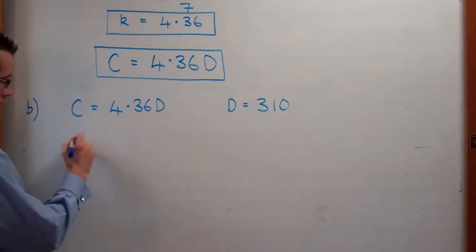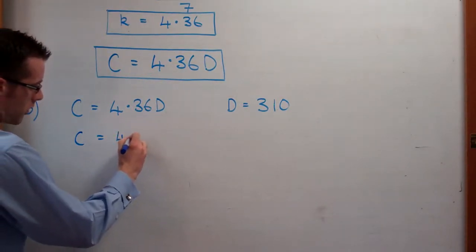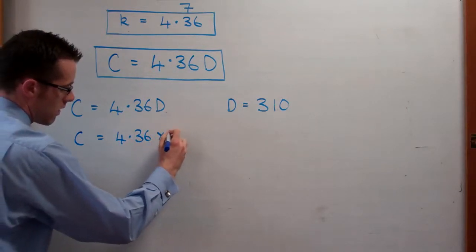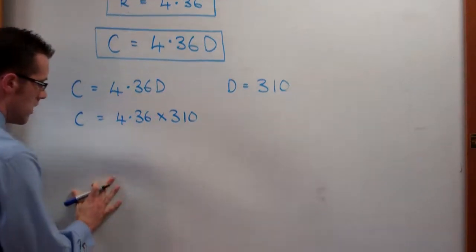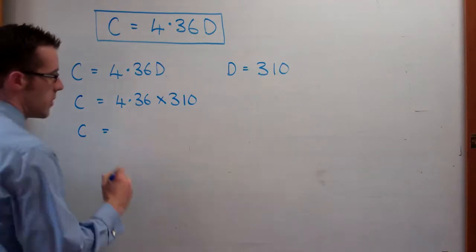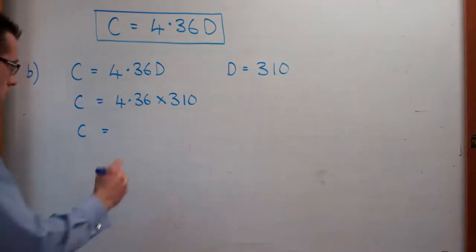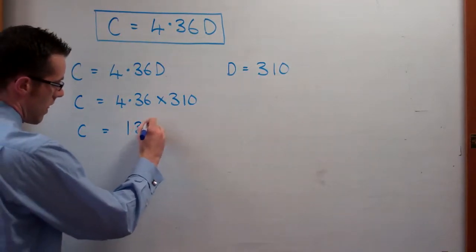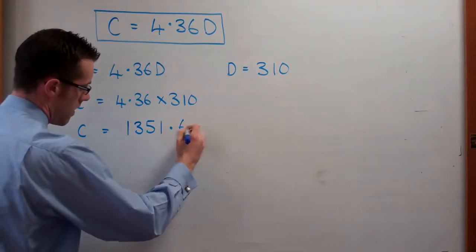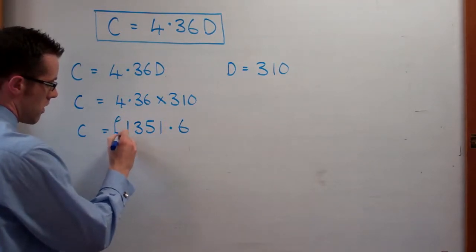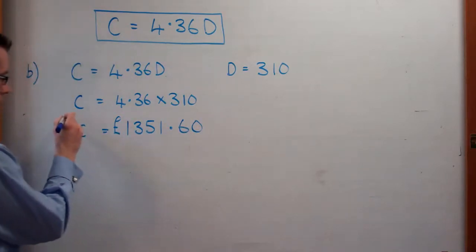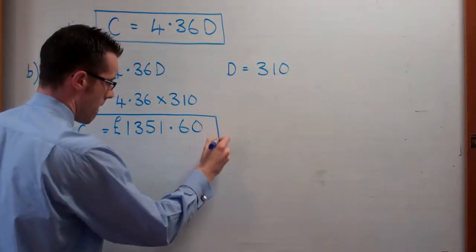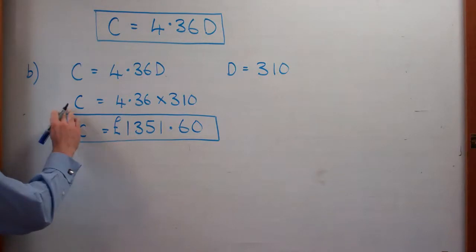Remember, this is multiplying. So C is 4.36 times 310. And if we do that on our calculator, that means the cost of 310 DVDs will be, well, we know it's in pounds, so let's make that in pounds.